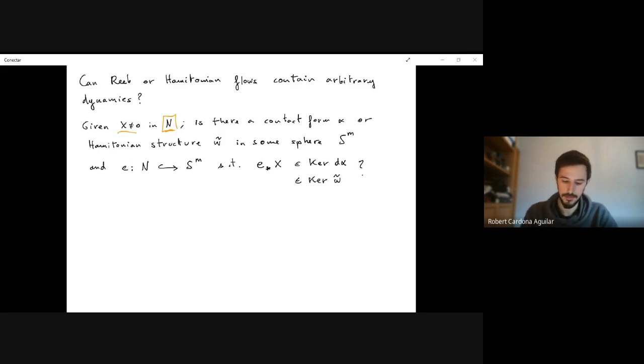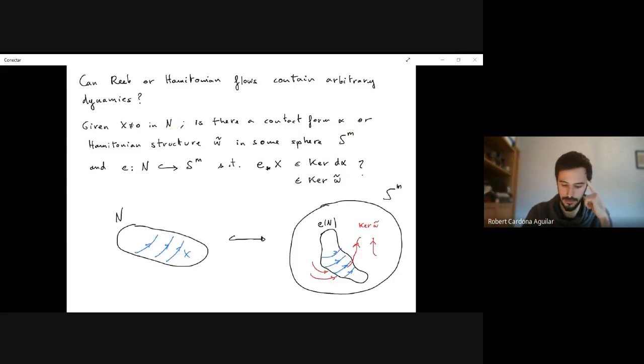So there are two questions. You can ask it either for contact geometry or Hamiltonian structure. Is there a contact form or a Hamiltonian structure omega in some sphere of high enough dimension and some embedding of N into this sphere, so that the kernel is tangent to N and becomes the vector field X? Let me picture it because it's easier.